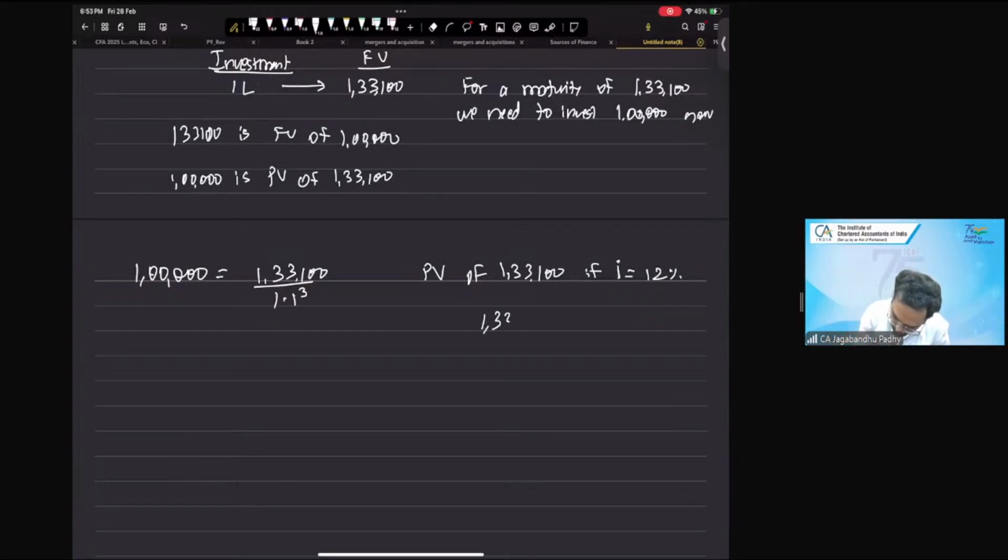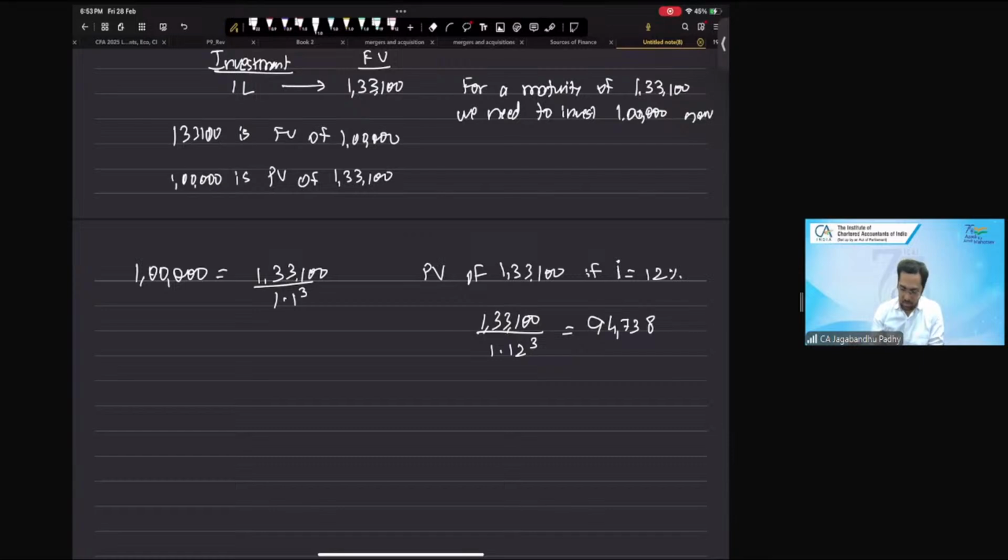When you're taking the discount, it will be 1.12 raised to 3. How much is this number, guys? Can I say it's 94,738?